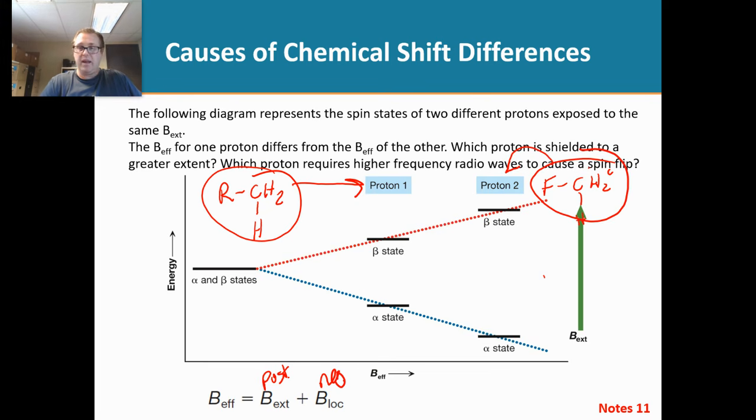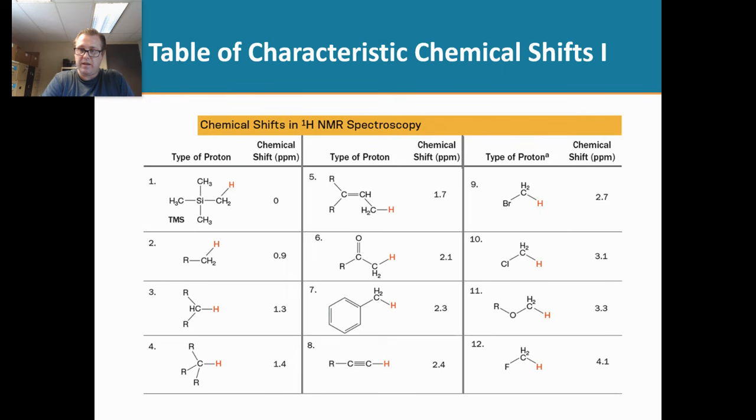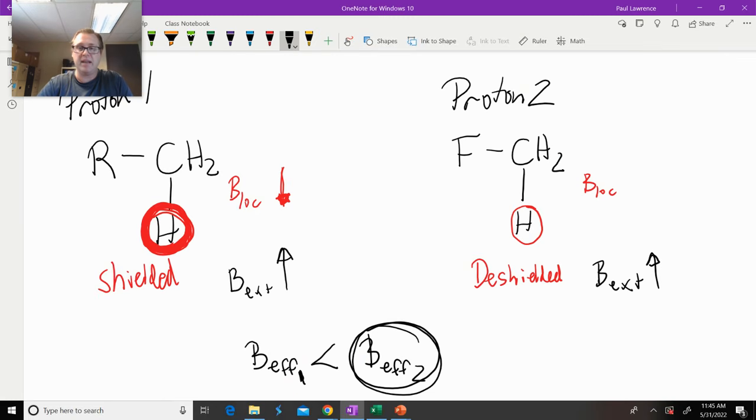So what we can say is now we can go to our tables here, right there, and see that, hey, when you have a fluorine attached, we have a chemical shift of about 4.1. Whereas when we have an alkyl group attached, we have a chemical shift of 0.9. And the reason why that is the case is because of the shielding and deshielding.